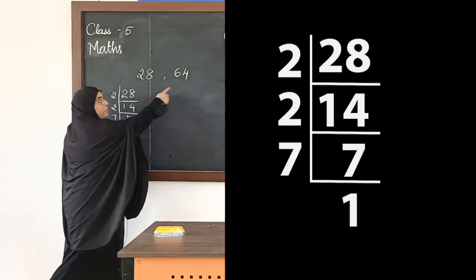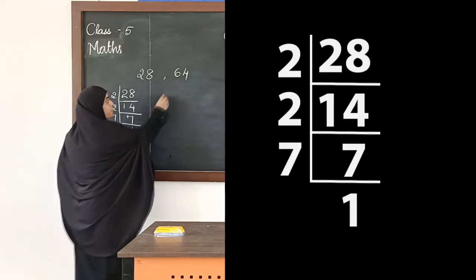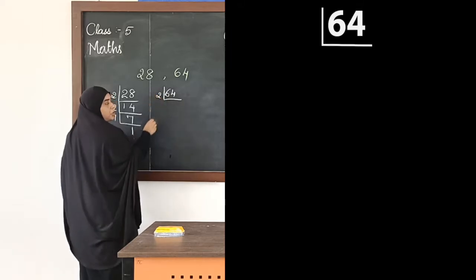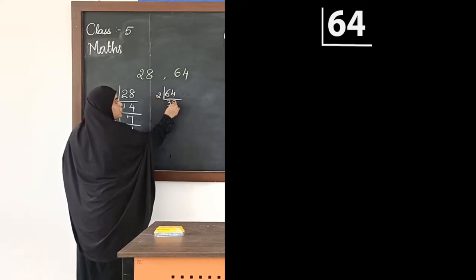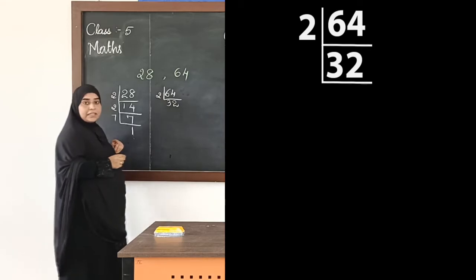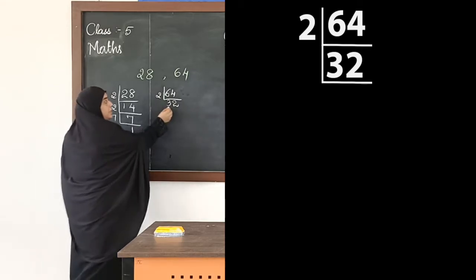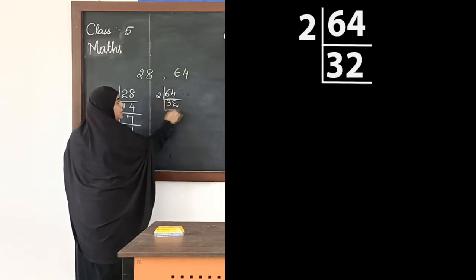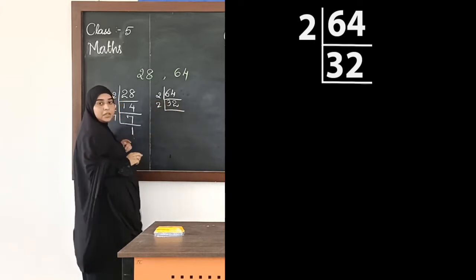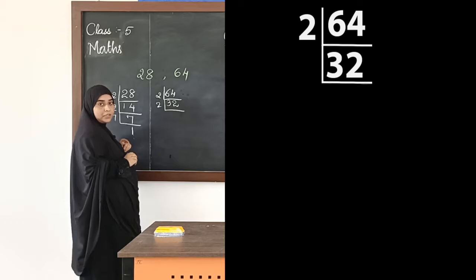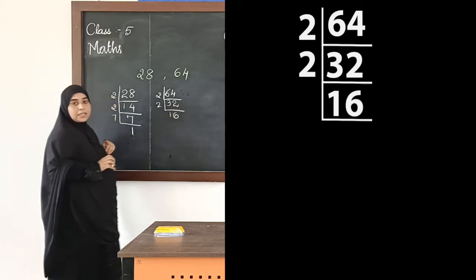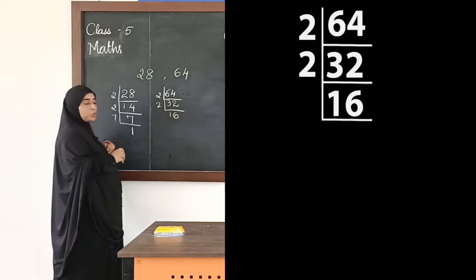Same way we will do prime factorization of 64. 64, divide first with 2. 2 threes are 6, 2 twos are 4. When we divide 64 with 2, we will get 32 as the answer. Again we will divide 32 with 2. Okay, when we divide 32 with 2, we will get 16 as the answer. 16 into 2 is 32.